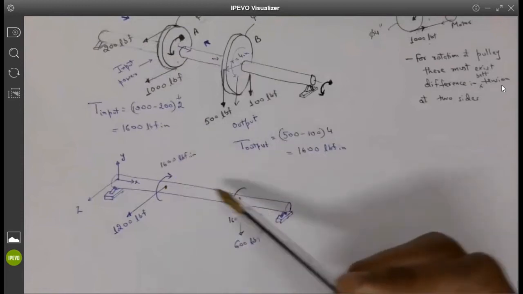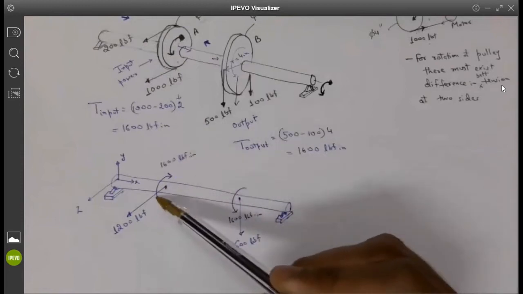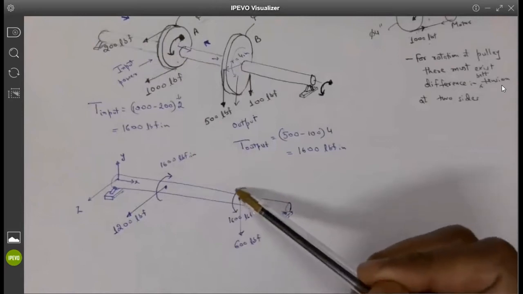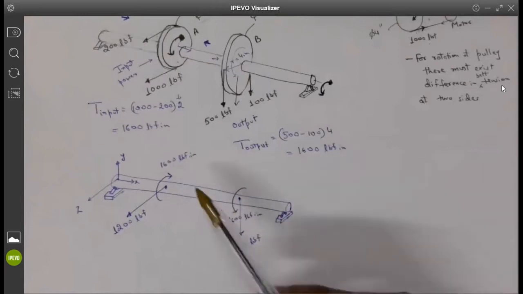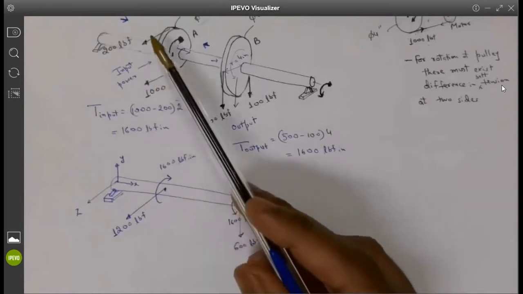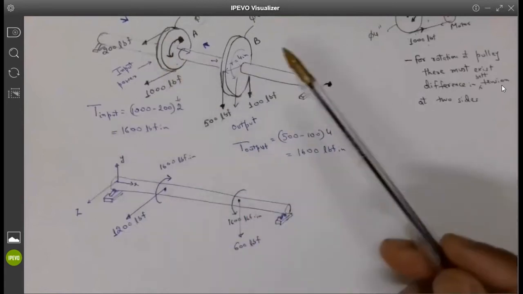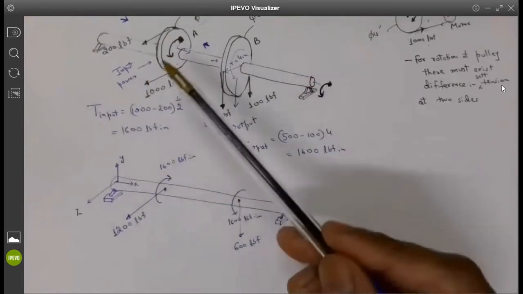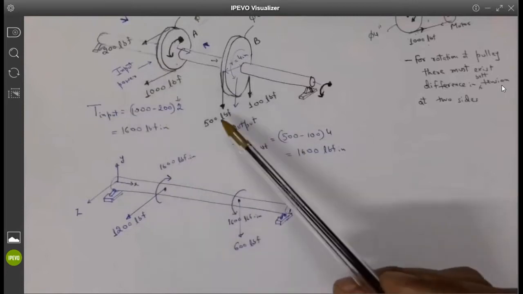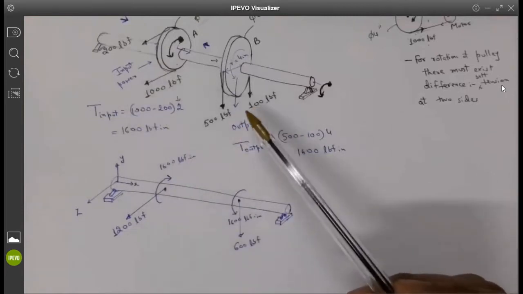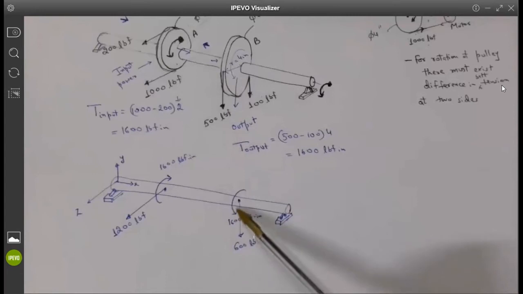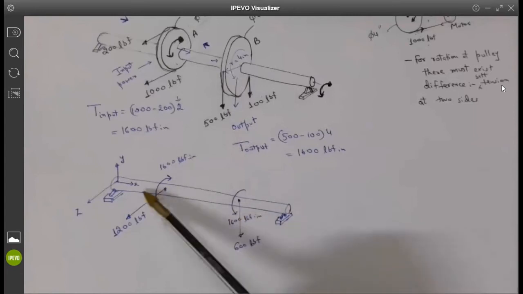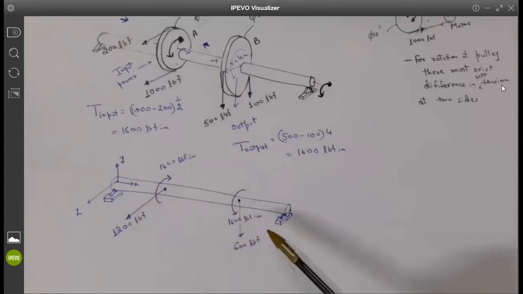So I have a torque that balances out, 600 pound force acting this way and 600 pound force acting this way. And then we also have a summation of the tensions that is trying to pull this shaft in the Z direction. And we have a summation of the tension, 600 pound force, trying to pull this shaft in the Y direction. So I have this representation of forces and twisting moments.